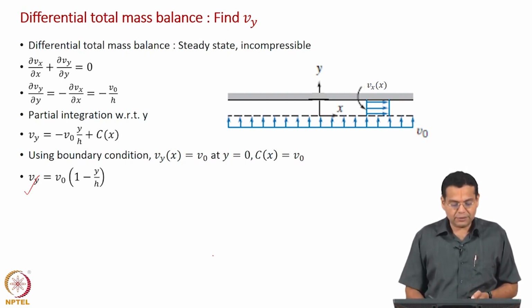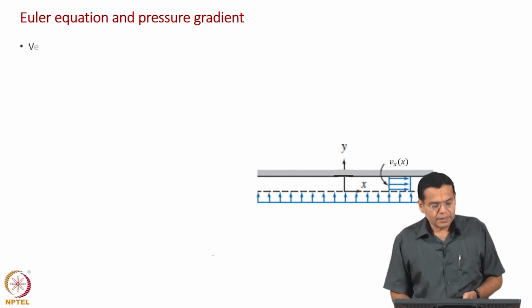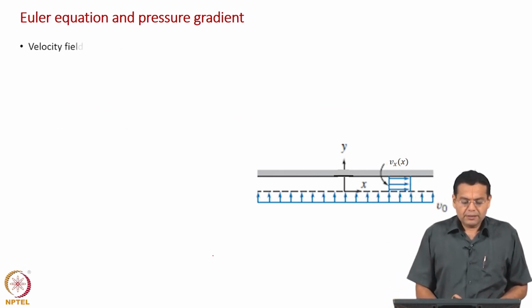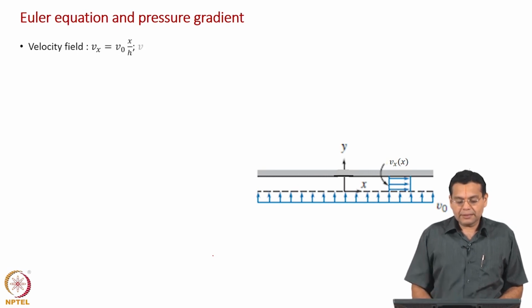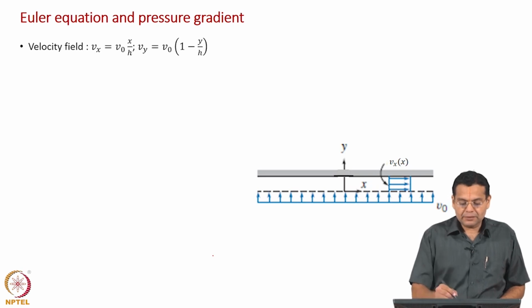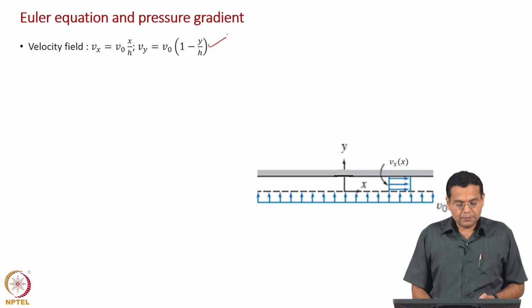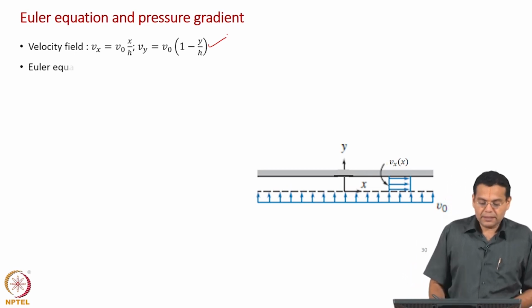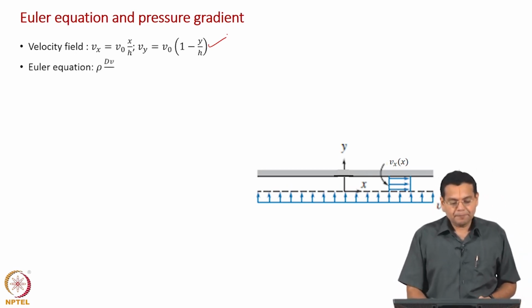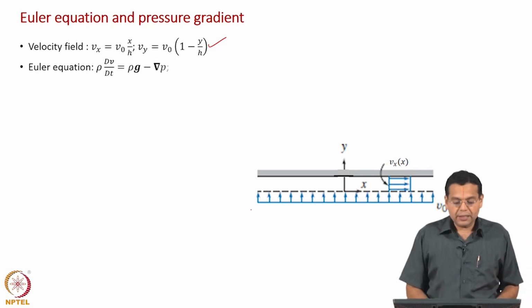So, the velocity field was determined using the integral and differential mass balances, and these are the velocity components that we have done already. Now, let us take the Euler equation and see how we use it to find the pressure gradient.